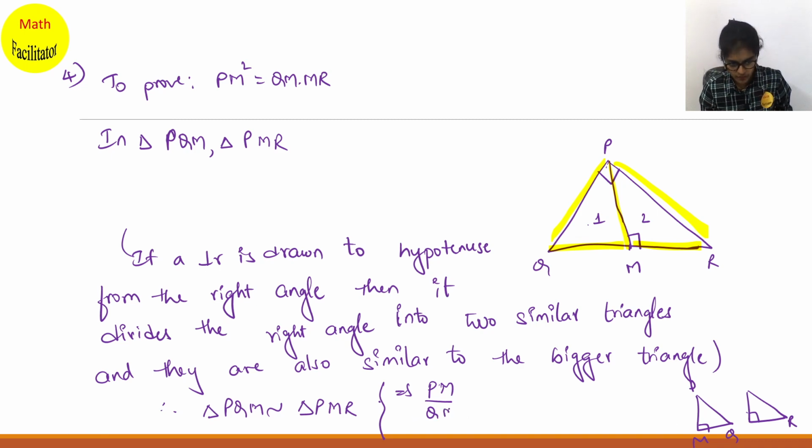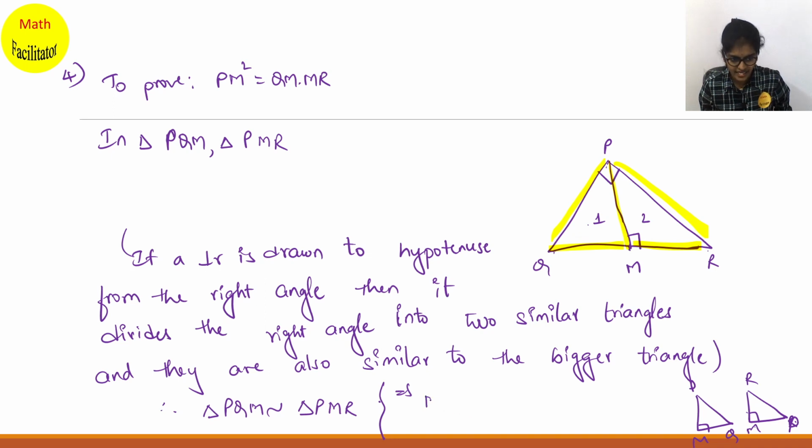PM by QM is equal to, what can you take here? This is 90, isn't it? In triangle PQM, M is 90, and also in triangle PMR. So let's take the corresponding sides.